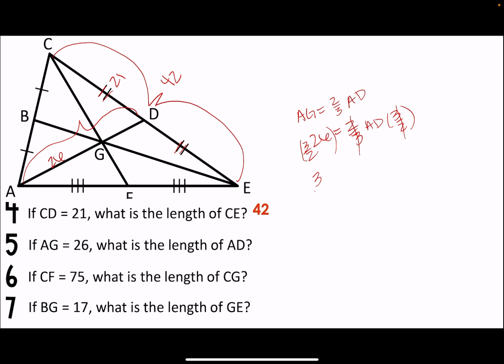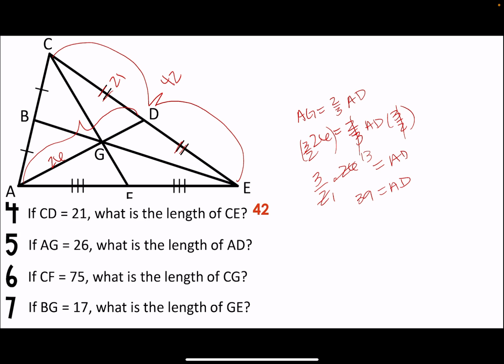And then you're doing 3/2 times 26. And then you get, let's see, I'm going to do it this way first. You get 39 is AD. That was a lot of work.